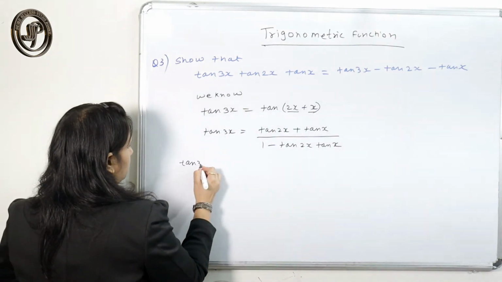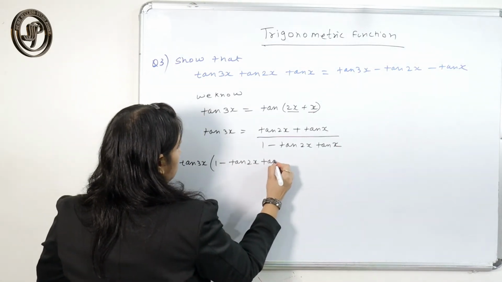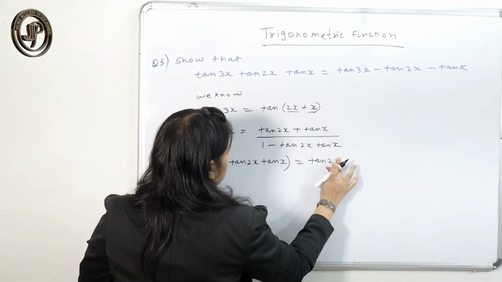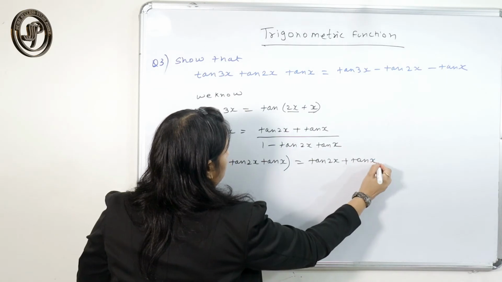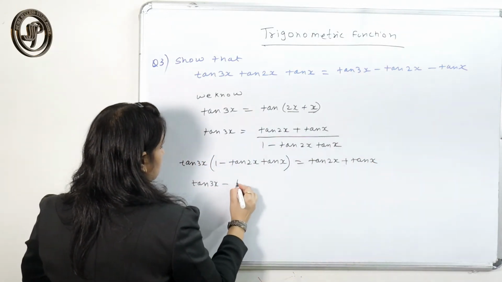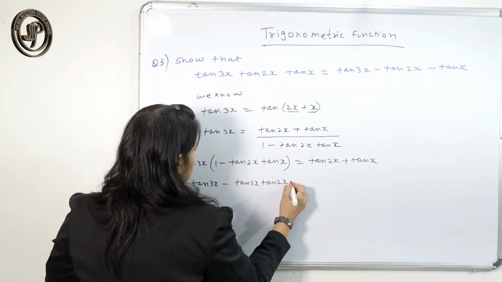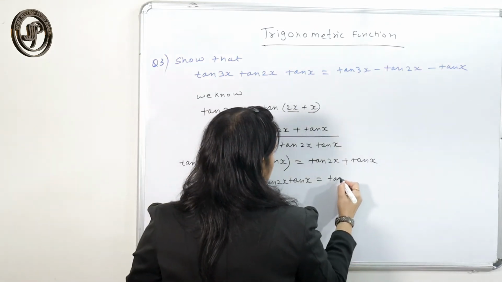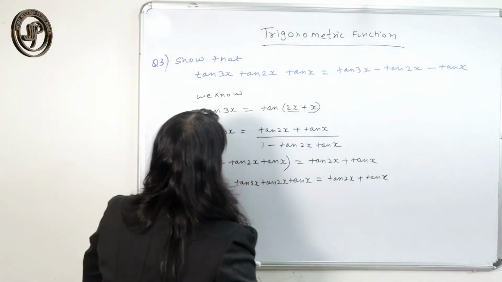If you cross multiply this, it is tan 3x − tan 3x tan 2x tan x equals tan 2x + tan x.